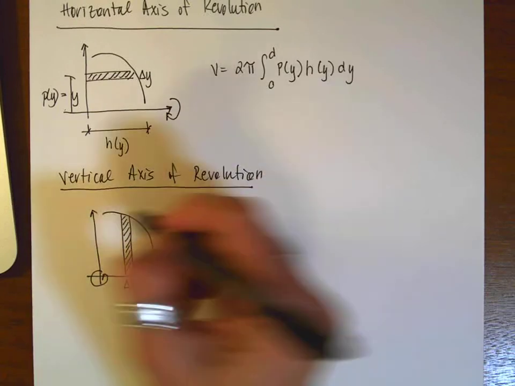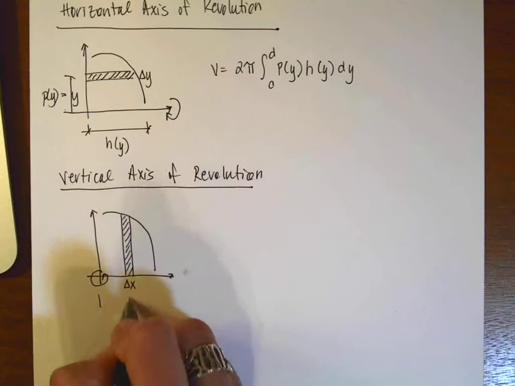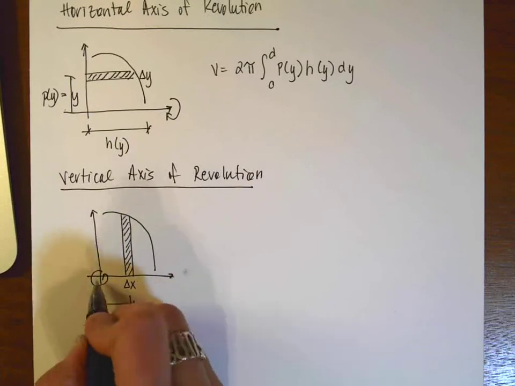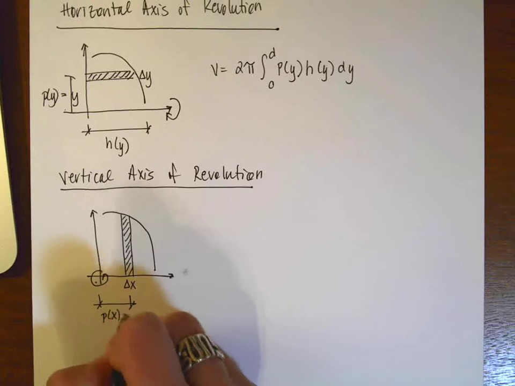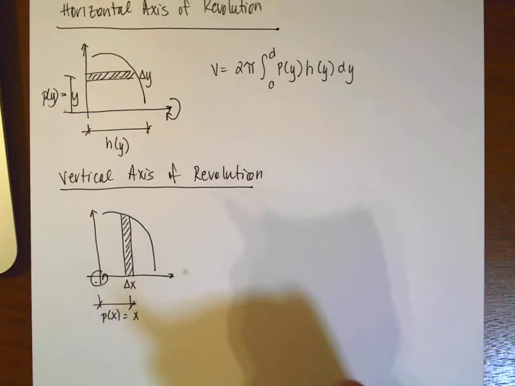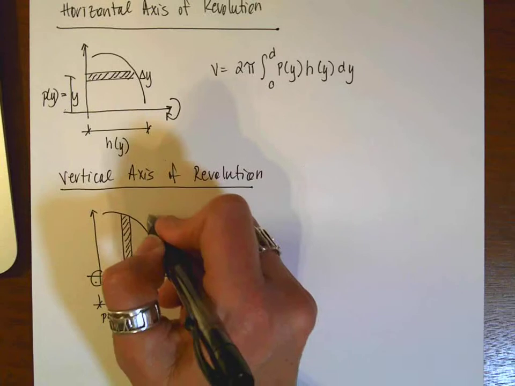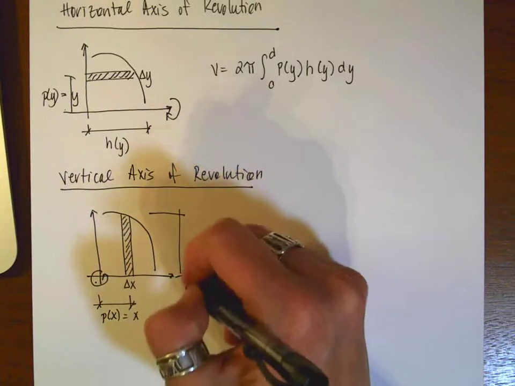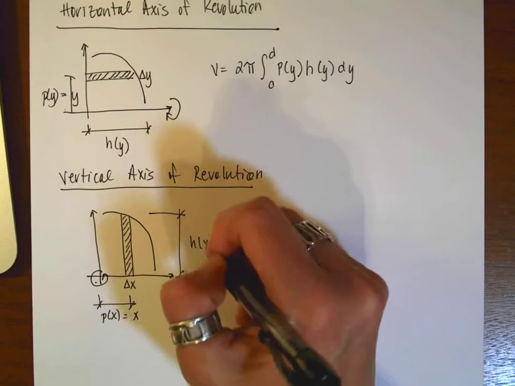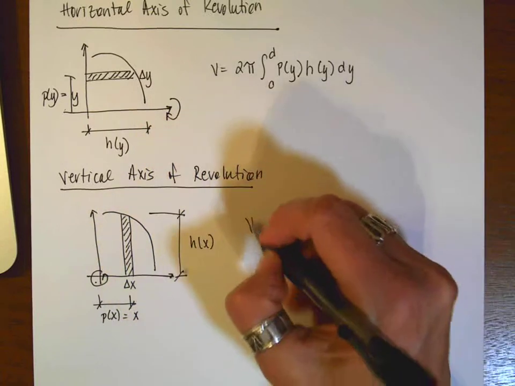This is going to be a delta x. This is the distance from the axis of revolution to the rectangle, so we're just going to call that distance x. And then this is going to be the height of my rectangle, and we're going to call it h of x.